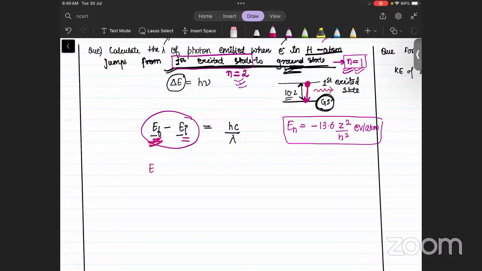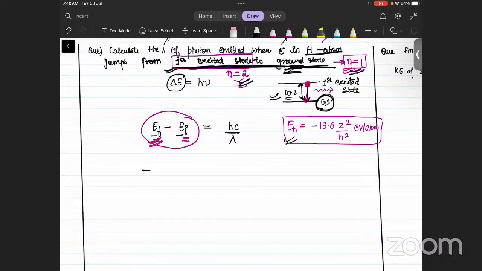So whatever answer you get, you have to keep it with the negative value. Suppose you get confused whether for E final you must take n equals to 1 or n equals to 2. So calculate the energies, take the difference, and see whether you have to put it positive or negative by looking at this.